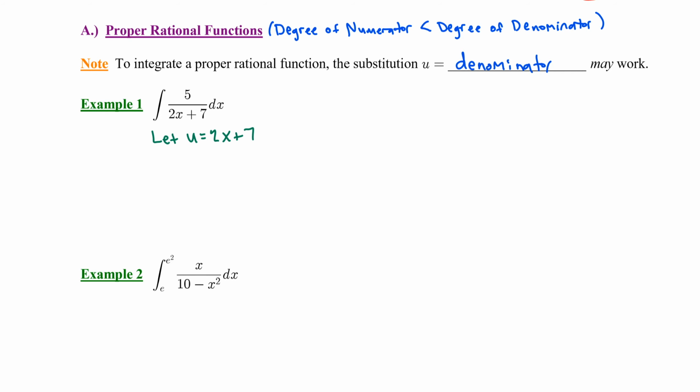In that case, du is equal to 2 dx. Notice on the right side, I'm differentiating with respect to x. The derivative of 2x is 2, and the derivative of 7 is 0, so we get 2 dx. So what we want to do is identify the structure of the original integral now in terms of u.